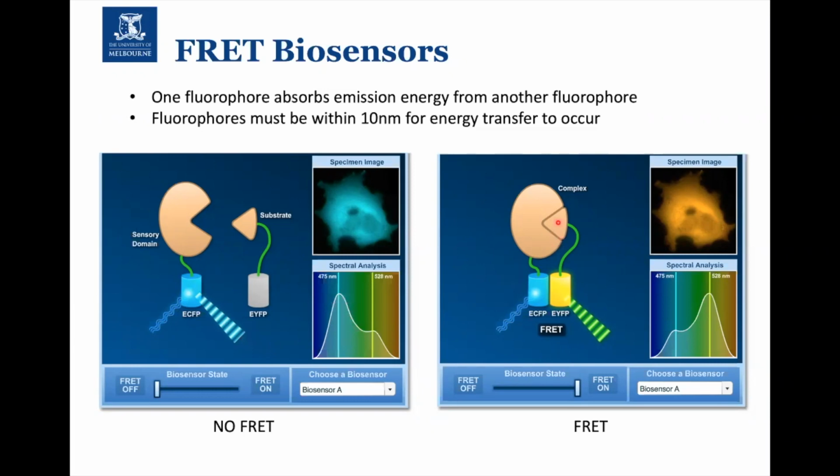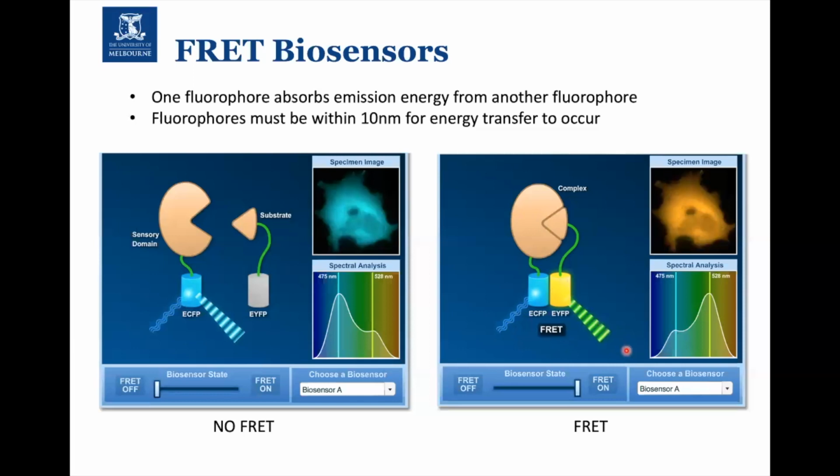When the substrate and the sensory domain come together to form a complex, this brings the YFP molecule closer to the CFP molecule. And rather than the CFP becoming excited and emitting its own wavelengths, it actually transfers the energy to the YFP molecule, exciting that because it's of the correct wavelength to excite the YFP molecule.